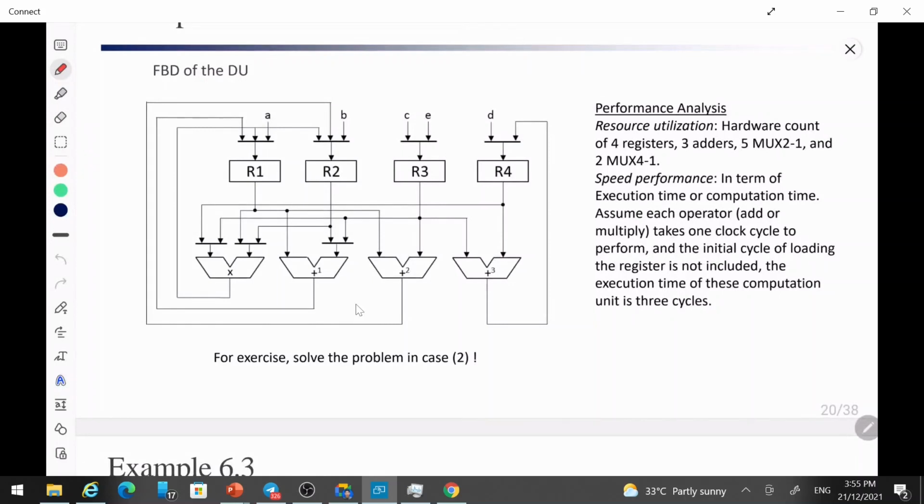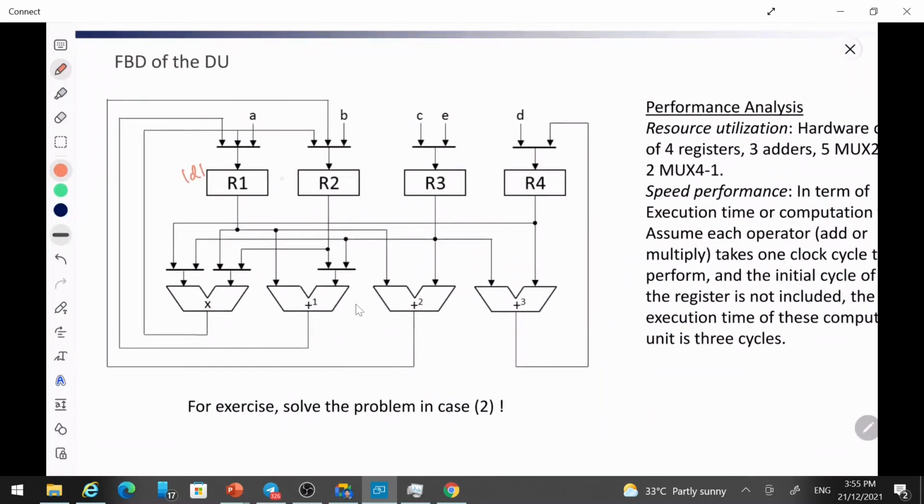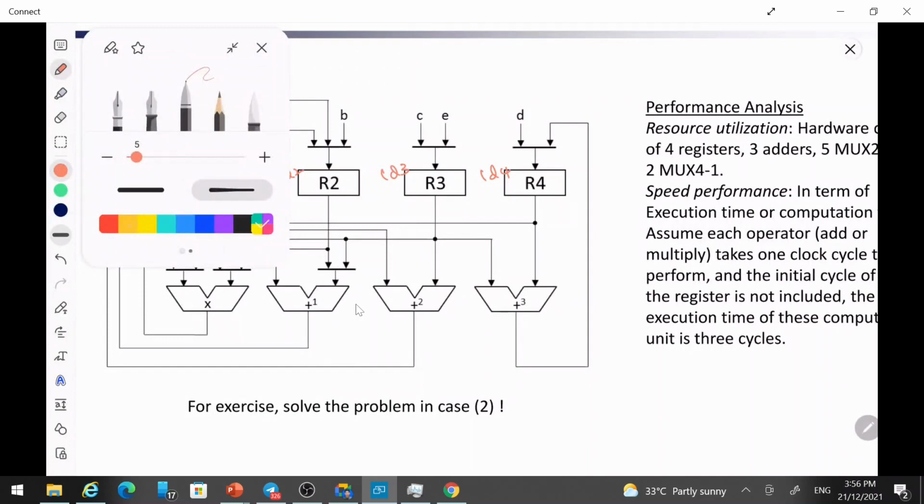So first thing that you need to do is label what are the control signals that you need in this case. So here, of course, the registers need the load signal to load the data from the input. So let's name this as LD1, this LD2 to load the signal to this, LD3, LD4, right?